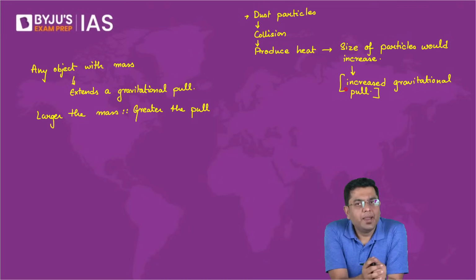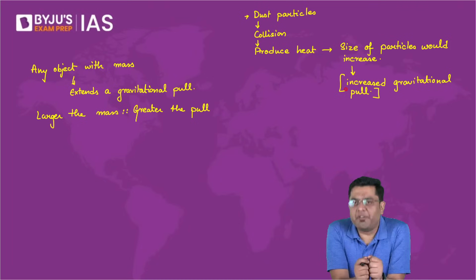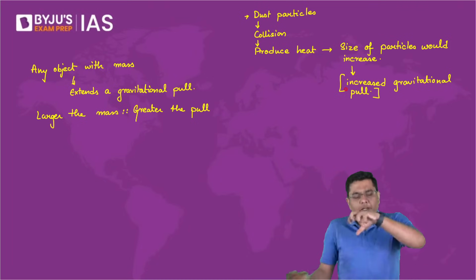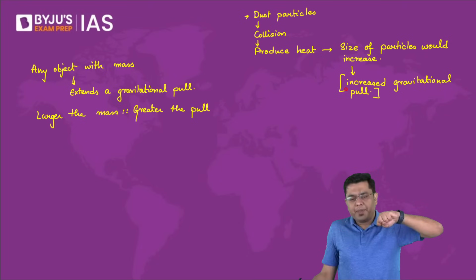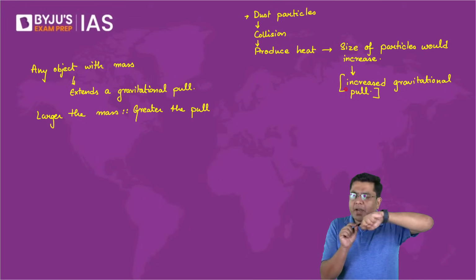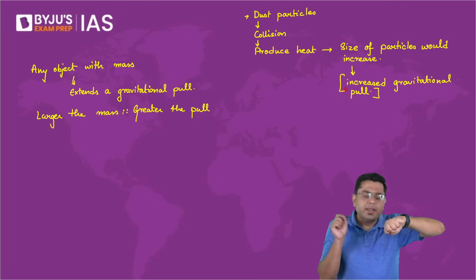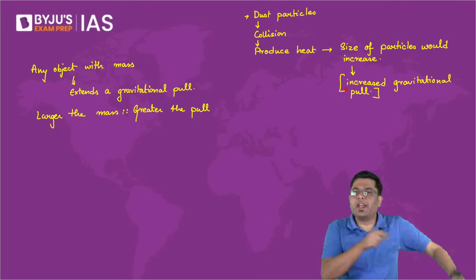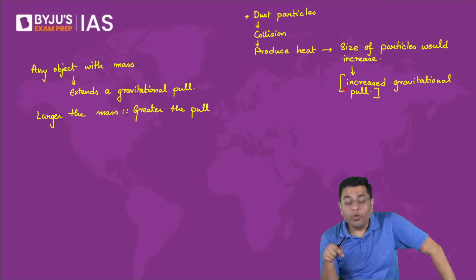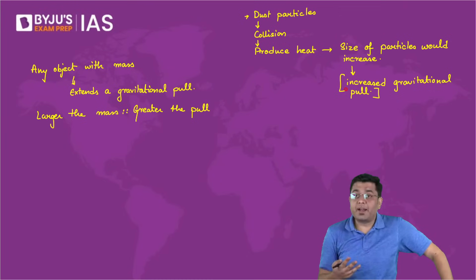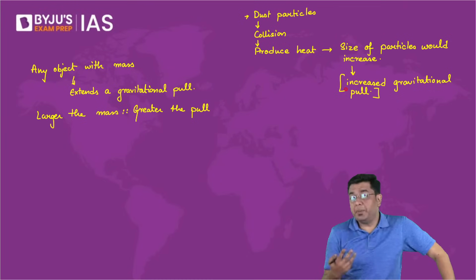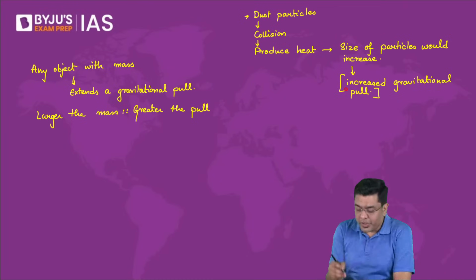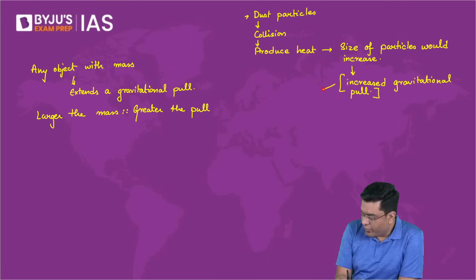Now, imagine a larger object is moving by, and you have smaller dust particles. With increased gravitational pull, wouldn't these particles get attracted? So, increased gravitational pull means more particles would be attracted. More particles attracted means a greater number of collisions, isn't it?